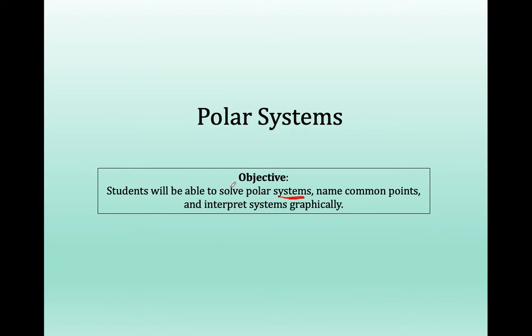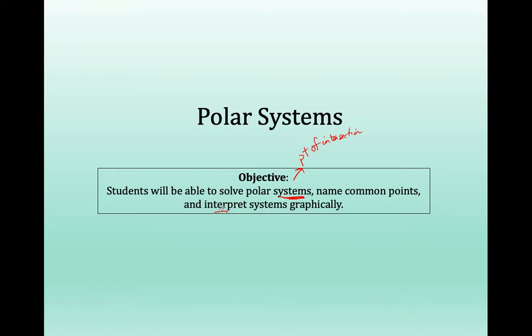Solving polar systems needs you to remember how to solve trig equations, because our polar equations involve trig, and when you solve a system, going back to your Algebra 1, Algebra 2 and pre-cal, you are looking for points of intersection. So solving polar systems means I want to find points of intersection.